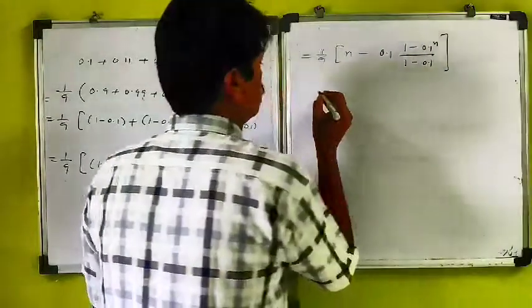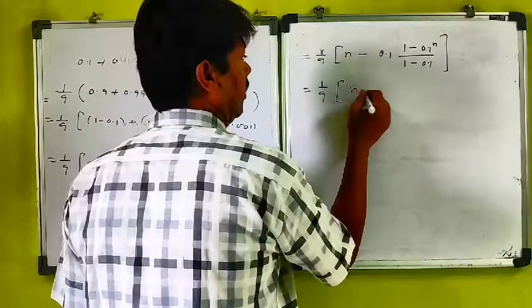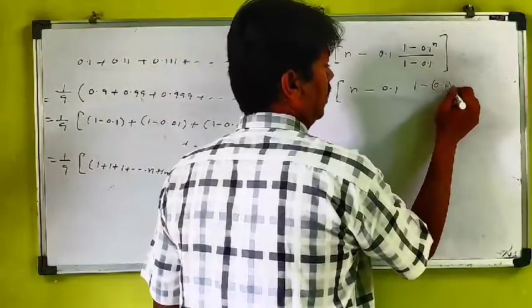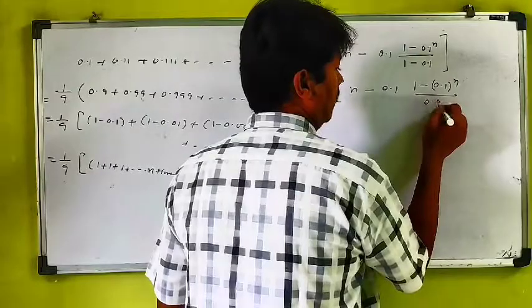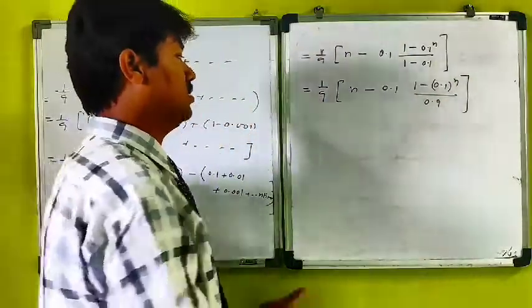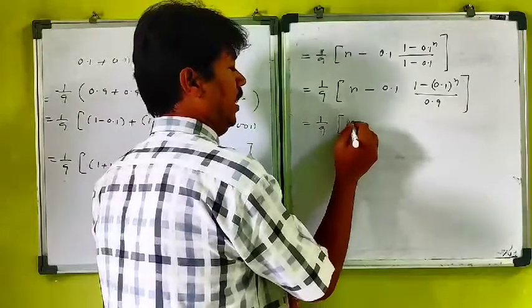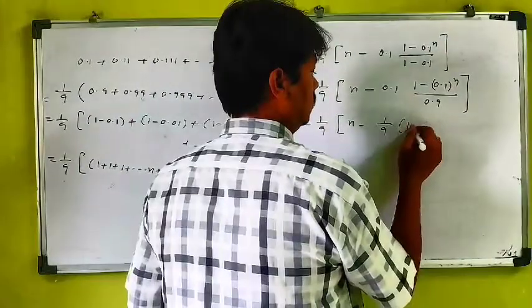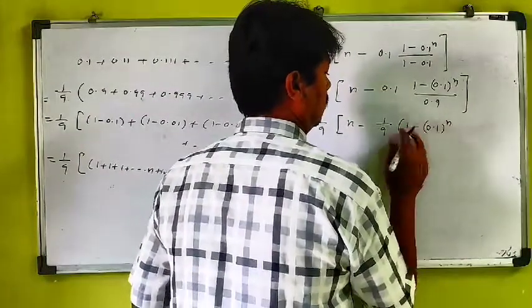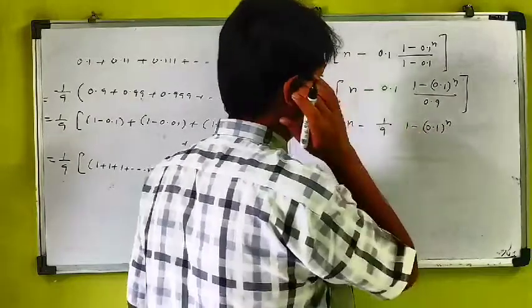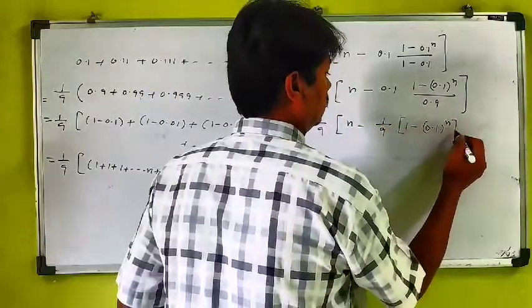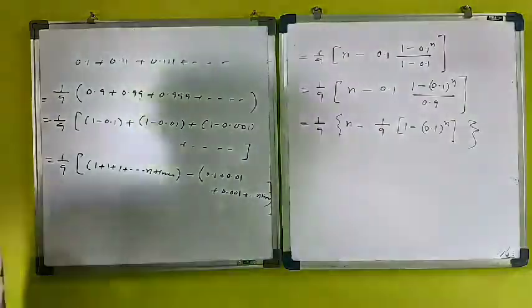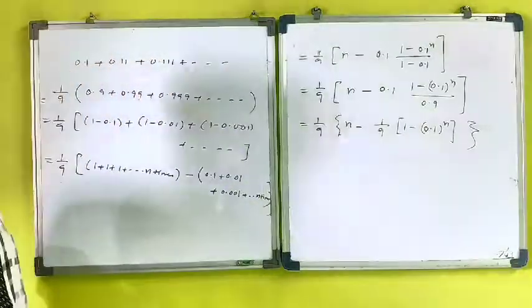So using this formula, it is 1 upon 9 of n minus that. So this is the answer in this case.